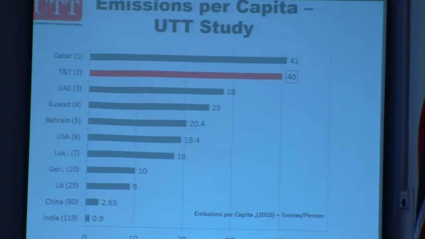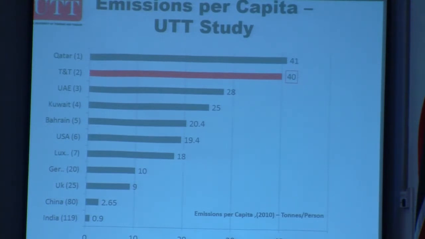In 2010, we were ranked second in the world in terms of emissions per capita. In 2015, we're still ranked second in the world. The only change is that Qatar went up to 44 on that quotient. We dropped a bit to 36. As I said, the numerator dropped, that is the amount of emissions, right?